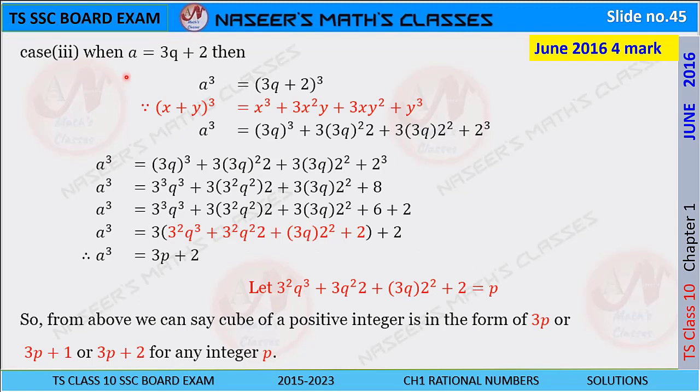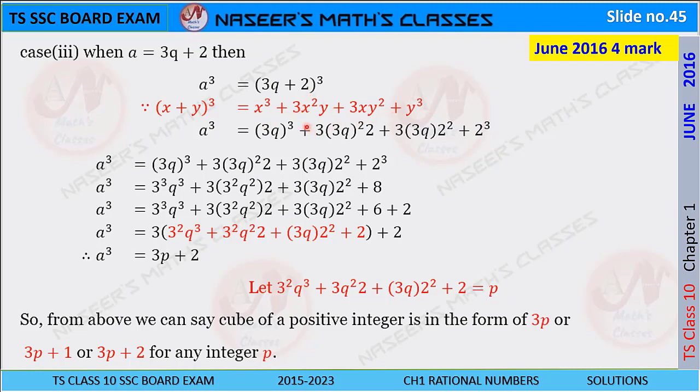Case 3, a is equal to 3q plus 2, then cube of a is written as a cube is equal to 3q plus 2 whole cube. 3q plus 2 whole cube is in the form of x plus y whole cube, which is equal to x cube plus 3x square y plus 3xy square plus y cube.